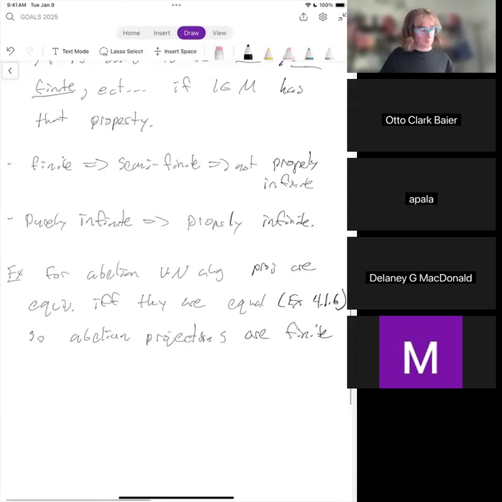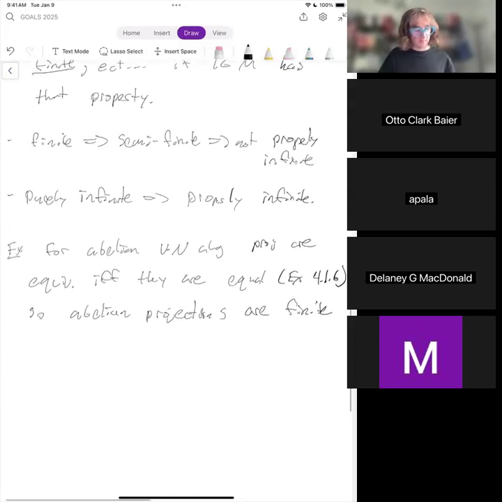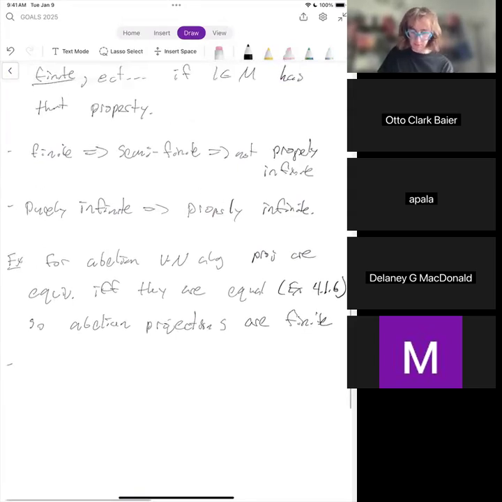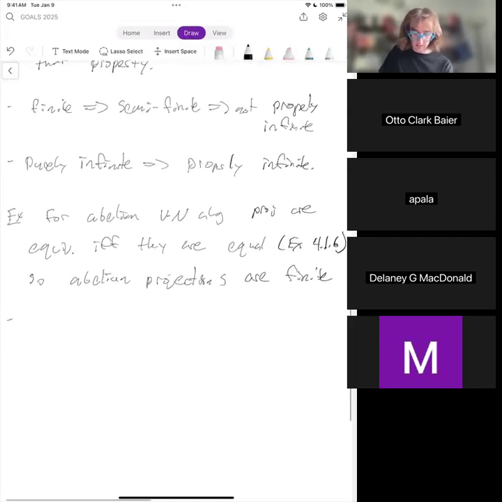And another fact that directly follows from these definitions is that a factor is either finite or properly infinite.